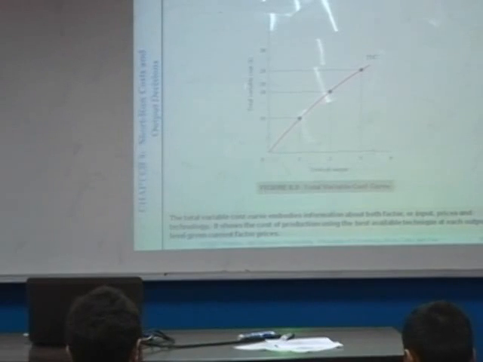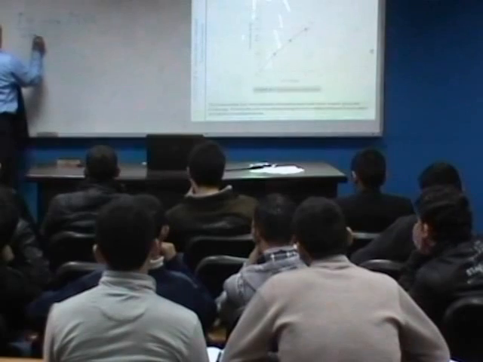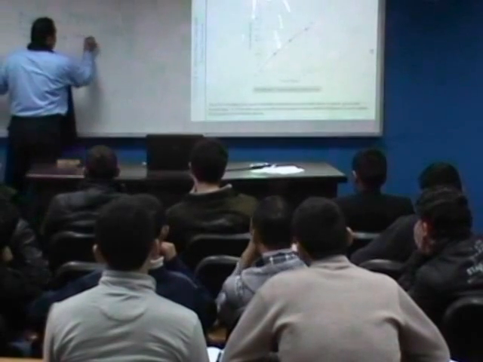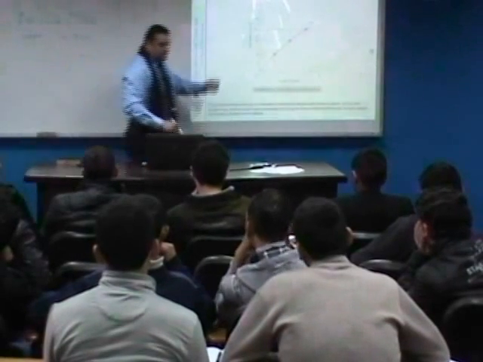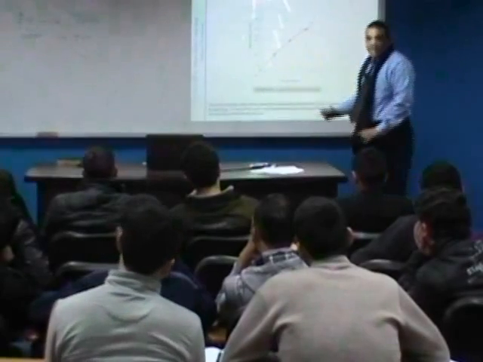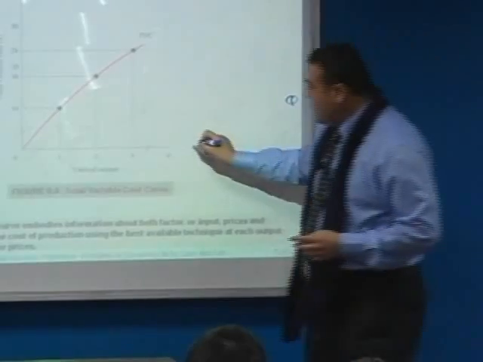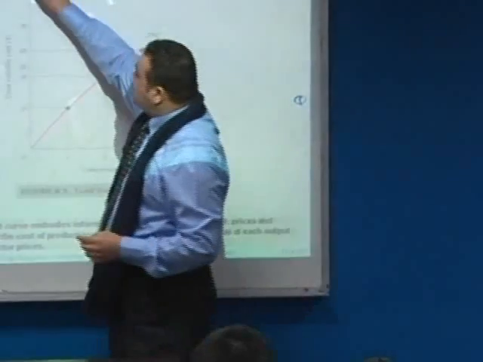If the output increases, the total variable cost would increase. So this diagram, or graph or curve, illustrates the positive relationship between the output and TVC.